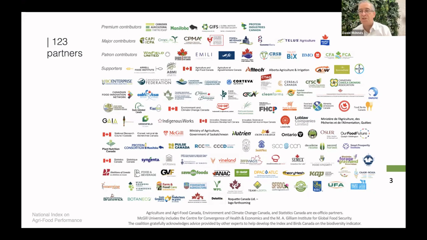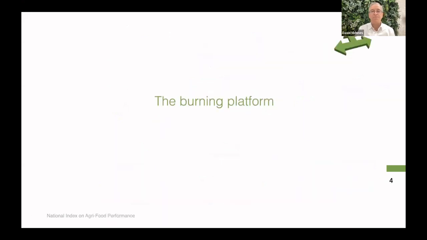When I start to list that, I know I'm going to be leaving lots of people off. But the point is that this is a pre-competitive, highly collaborative and quite unprecedented coalition that's building momentum here in Canada to help address that question.